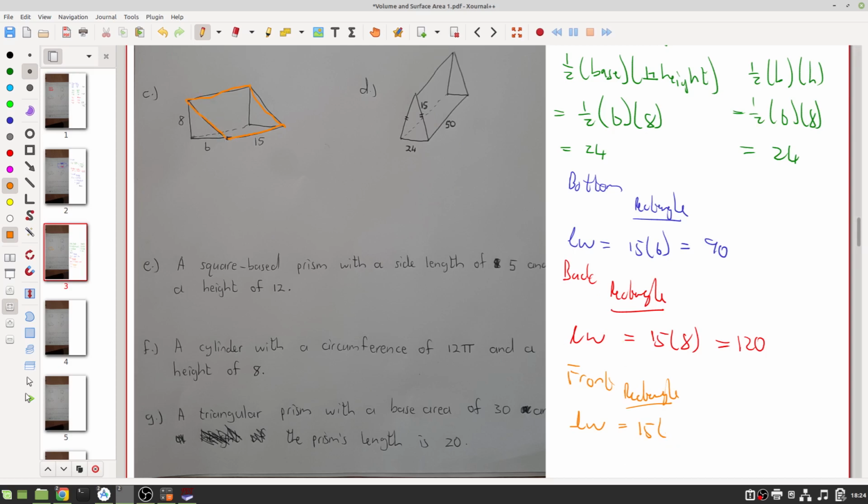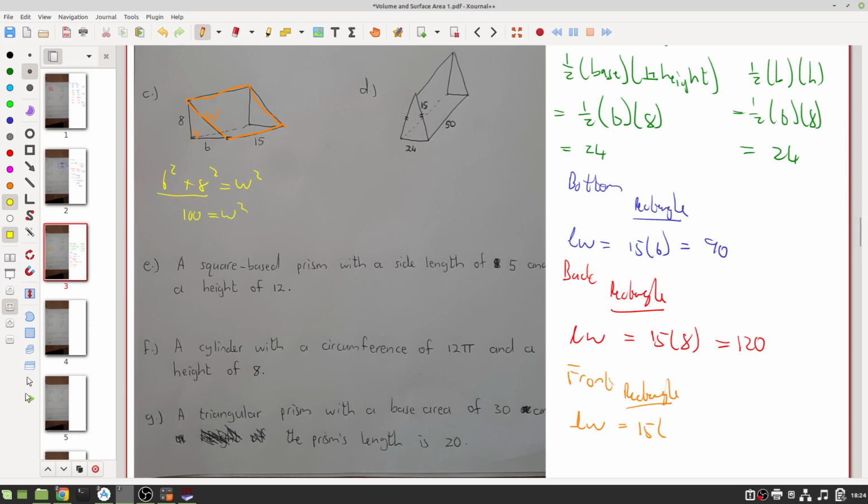So how can we find that? Well, we can use Pythagoras' theorem. Let's call this W for the width. In a right angle triangle, the two short sides squared added together is equal to the hypotenuse squared. I'm going to change color, it's difficult to see this here. So 6 squared plus 8 squared equals W squared. 6 squared is 36, 8 squared is 64, so this whole thing is 100.